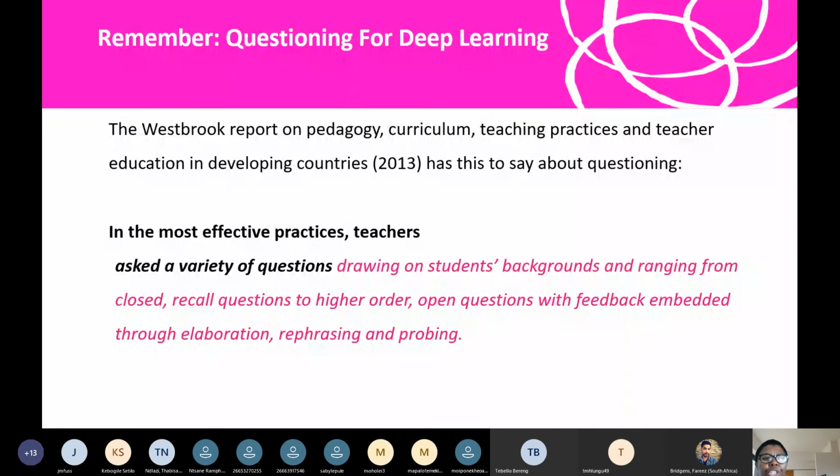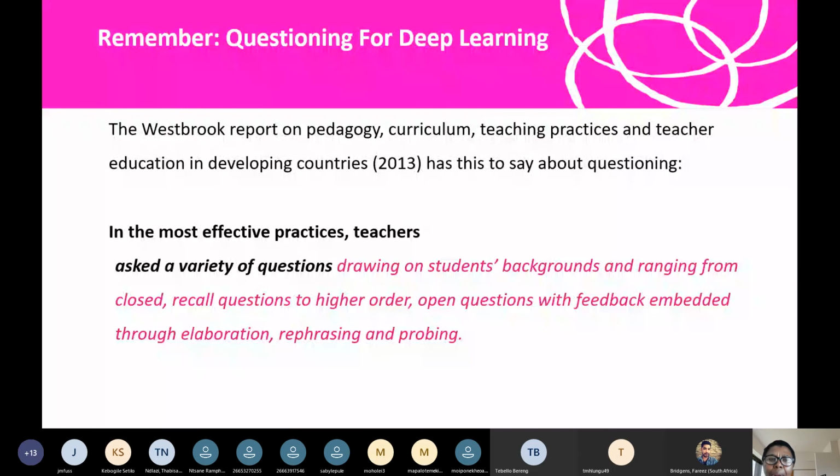Your questions will be closed. Your questions at times will want the learners to recall, and then move to higher order, open questions with feedback that is embedded through elaboration, rephrasing, and probing.